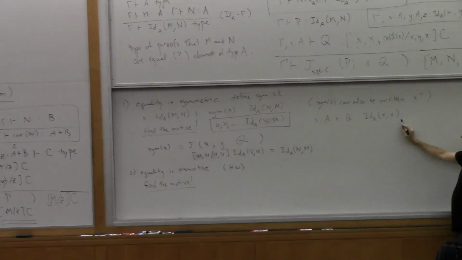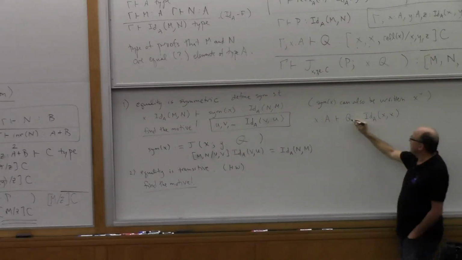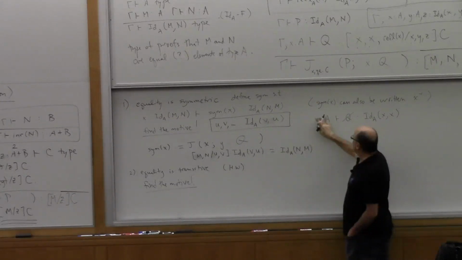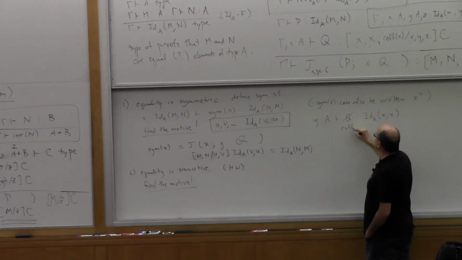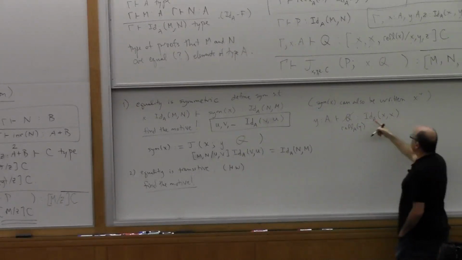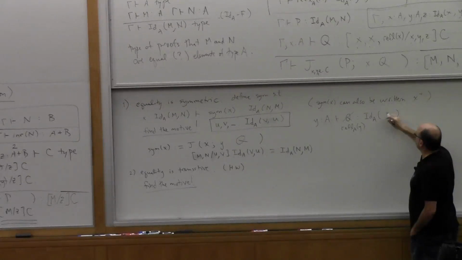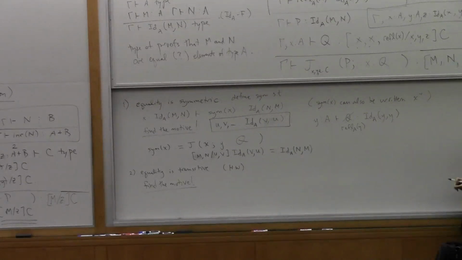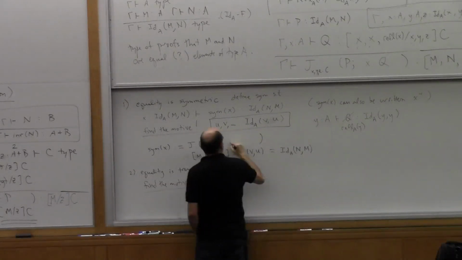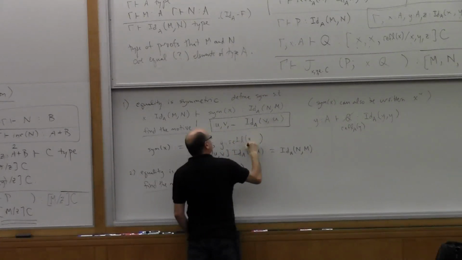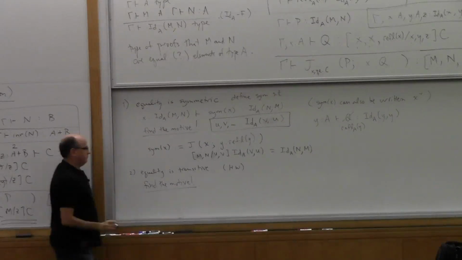So what should Q be? I called it y, so let's call this y. Let's say refl of y. So this guy is refl, and we're done.